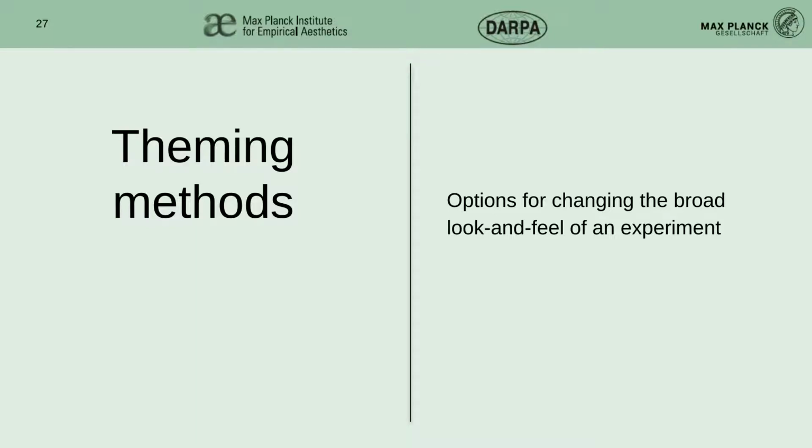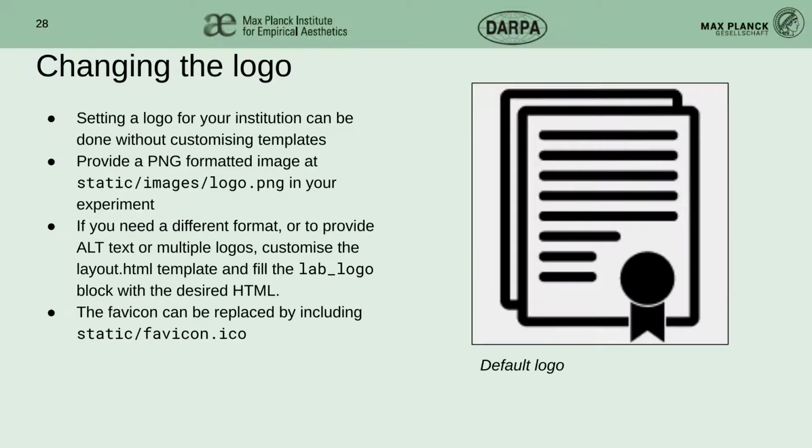So, theming. Dallinger is a pretty white and grey nondescript thing by default when you run the demos. That might be what you want, or you might want it to be a bit more branded in your institute's way, for example. This logo is the default logo that you see whenever you start a Dallinger experiment. It'll be on the side and as the favicon in various places.